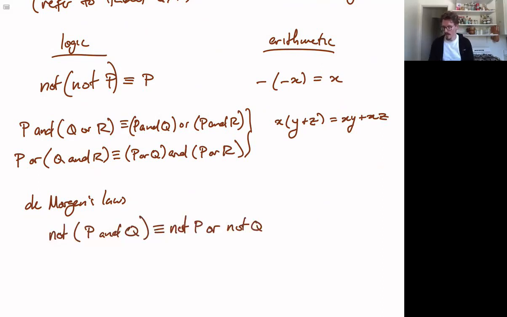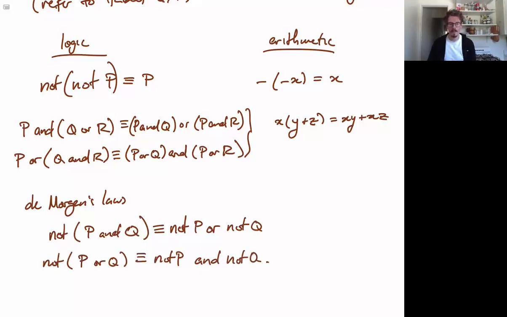So the negation of P and Q, not (P and Q), is not P or not Q. And similarly, not (P or Q) is equivalent to not P and not Q. So it works both ways. You just flip the ands and ors when you distribute the not.